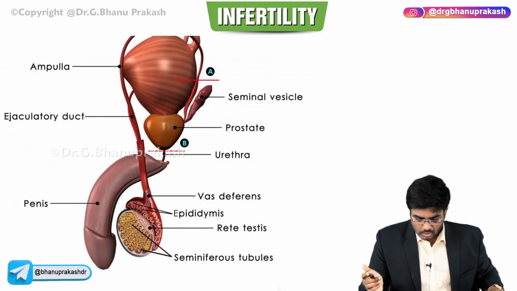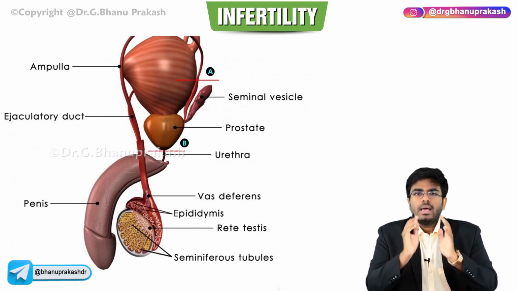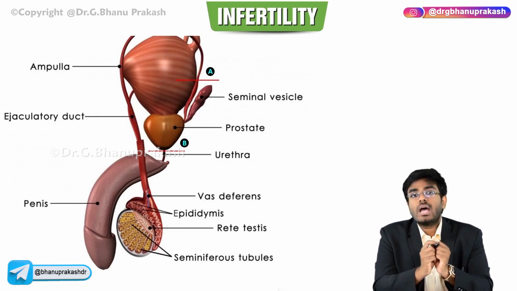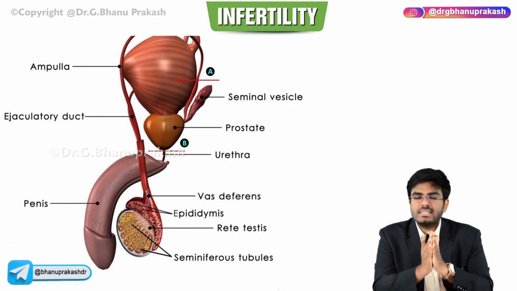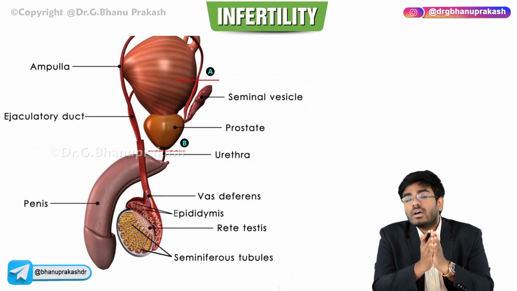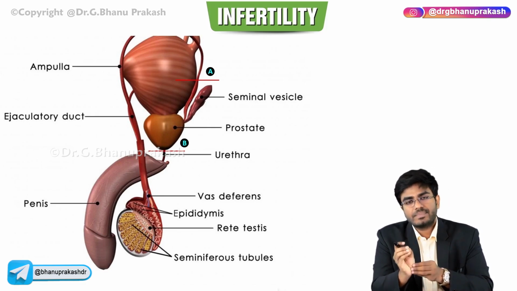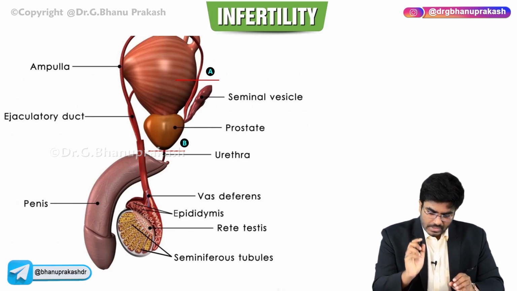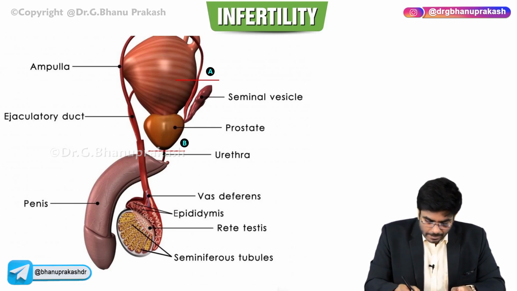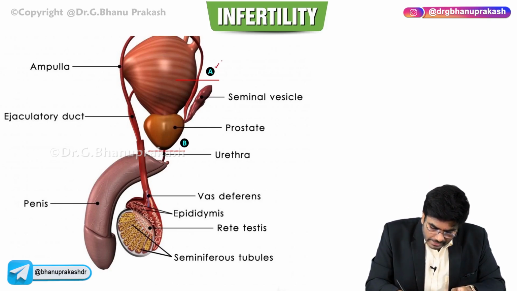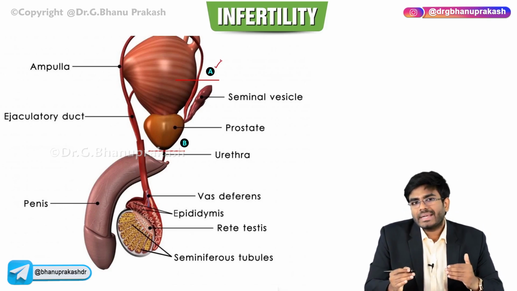Okay, after seeing the causes, now let's discuss obstructive azoospermia, which means the third category. There is an obstruction, and because of that there is azoospermia; sperms are not present in the semen. Now guys, a very important point: if there is a block at level A, what do I mean by block at level A?